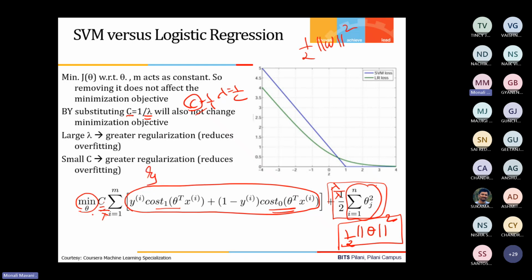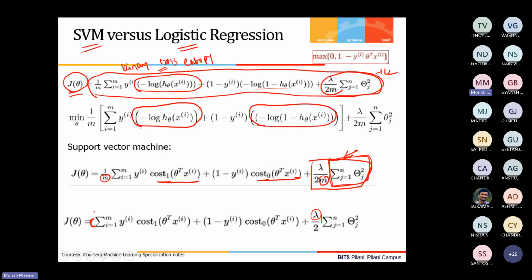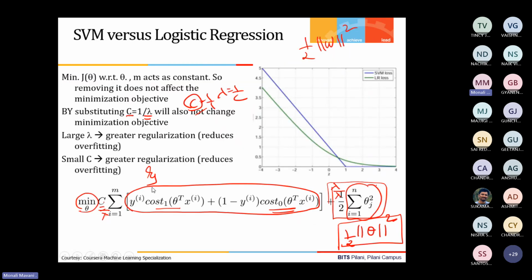This entirely is a slack variable. So mathematically, from the logistic regression, we have come to the cost function of the SVM, where the regularization term for the logistic regression is actually the objective term for the SVM.